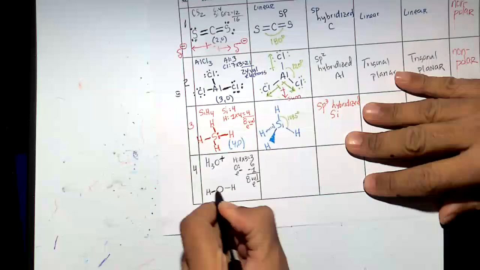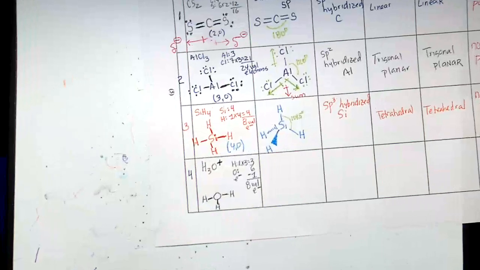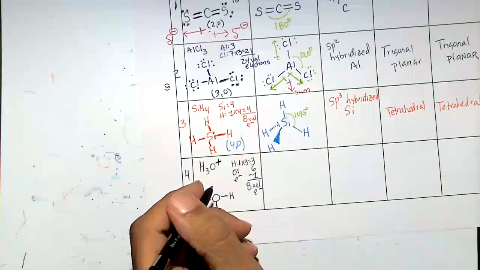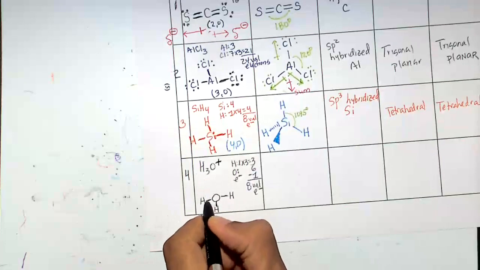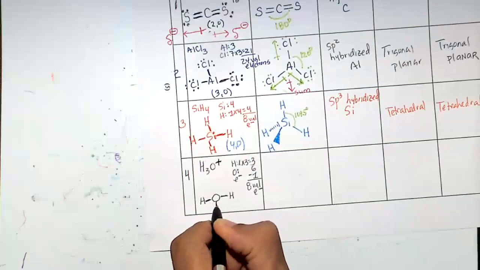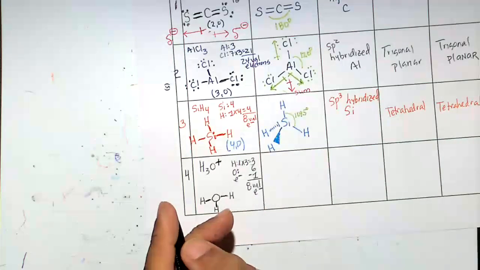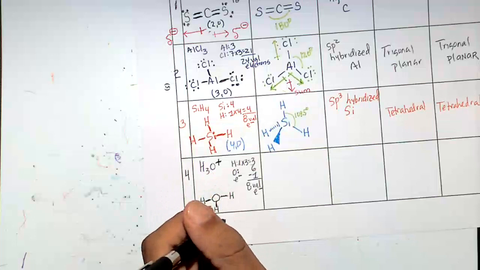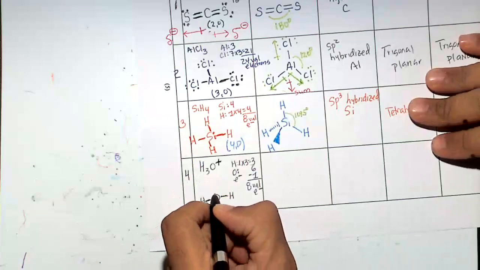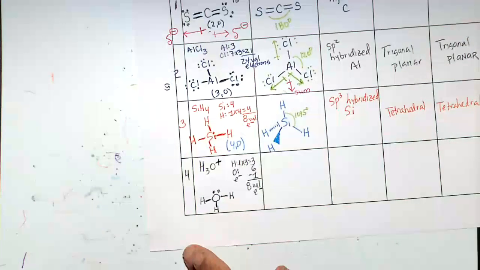So 1, 2, 3, 4, 5, 6. Where will 7 and 8 go? We need 8. On the dots above it. On what atom? The oxygen. Right. Okay, on the oxygen.